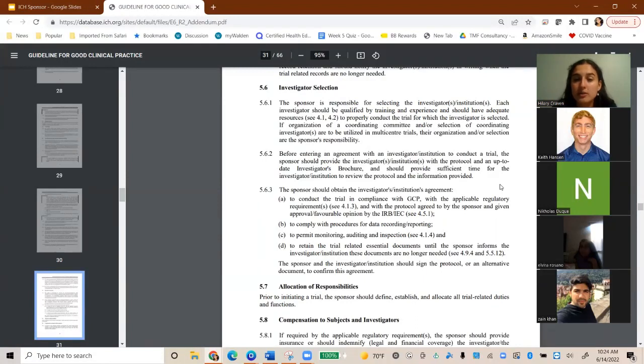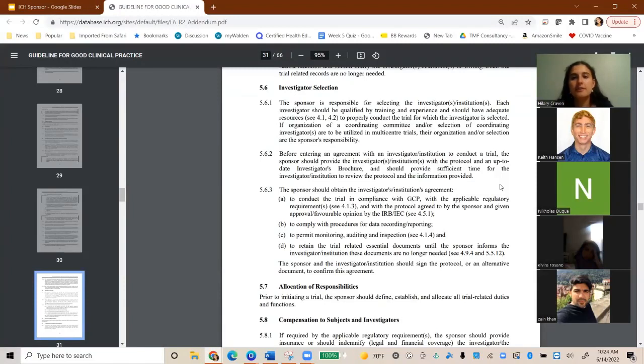So there are two particular documents that need to be provided from the sponsor to the investigator so that they are aware of what the study is and how it's going to be conducted. And if they want to be involved, and a lot of times if they believe in the medicine, right? The idea is the investigators truly care about their patients and they want them to do well, and they feel like this will help them, right? So if they believe the medicine will make a difference, they usually are involved in the study.